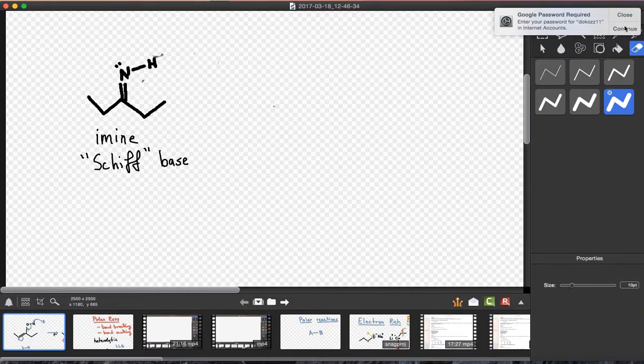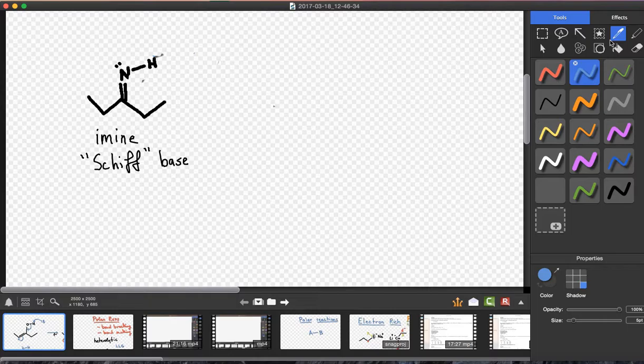However, what does make sense is that we have a hydrogen that can be removed. So it is a proton transfer. So we form a carbon-carbon double bond and a carbon-nitrogen single bond.